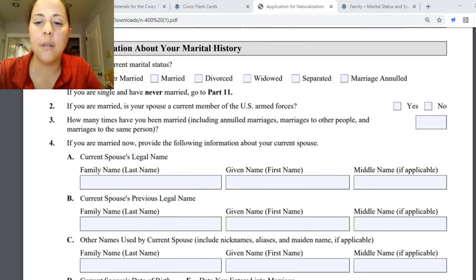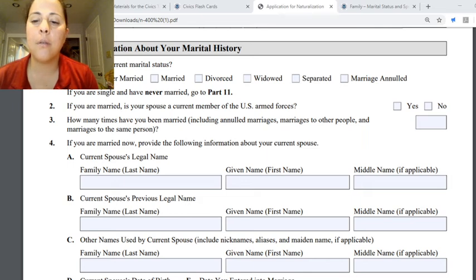Look at that. Current spouse's legal name. Number 4, current spouse legal name, A. Family name, last name. Let's pretend this is Mrs. Tanaka, and we are talking about her husband. So we are filling information out about her husband.